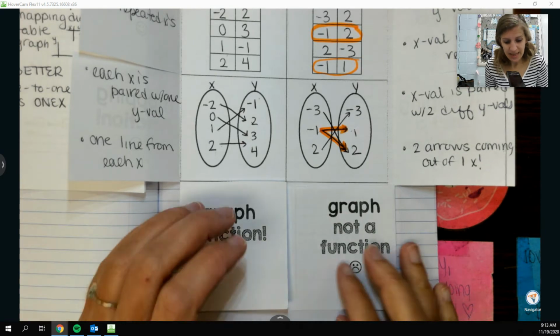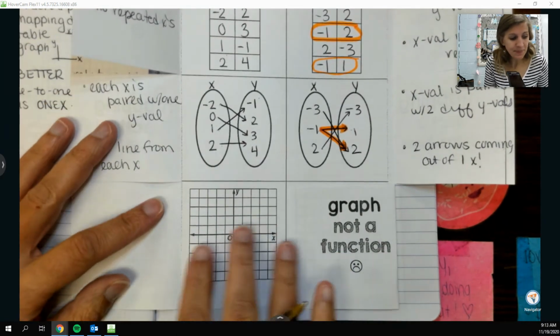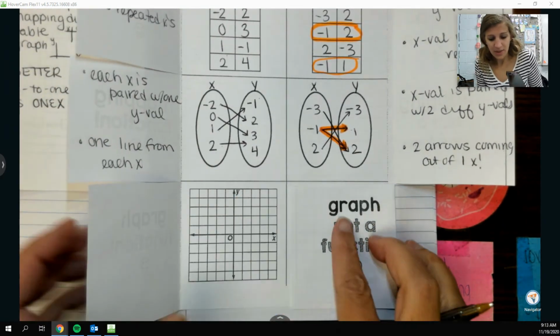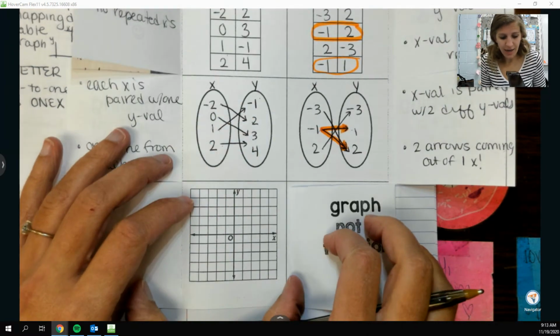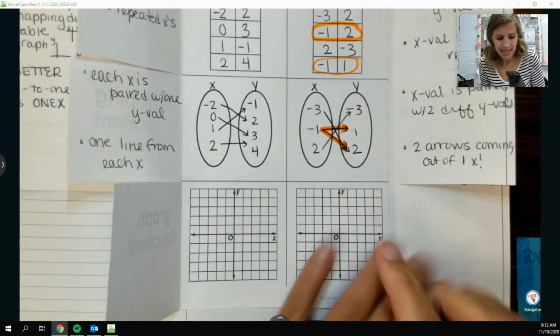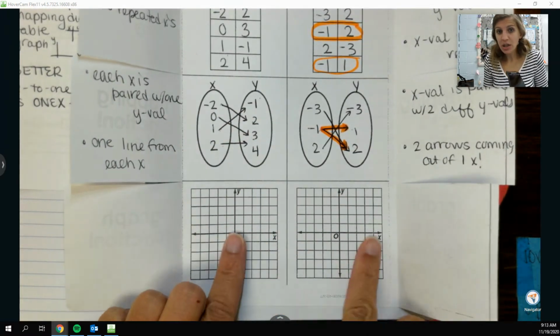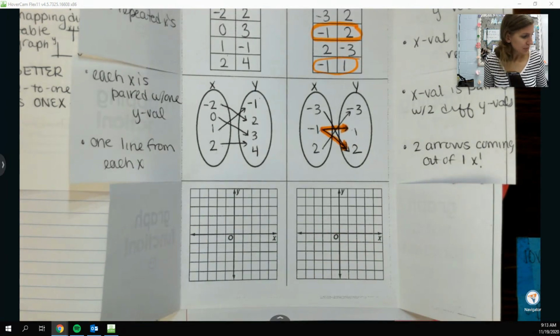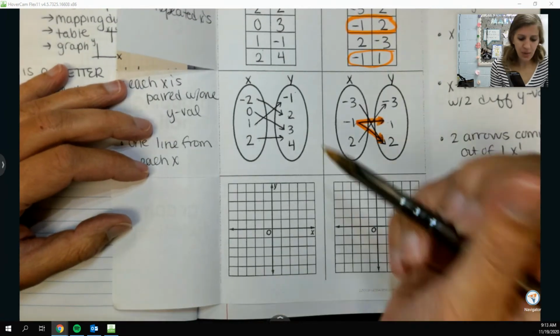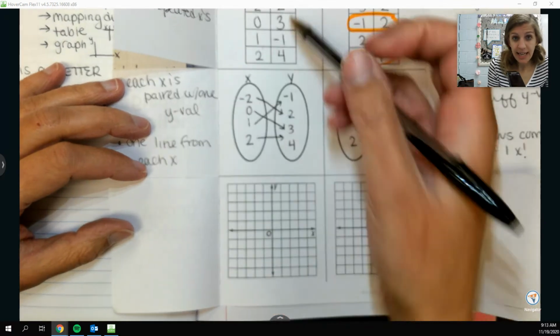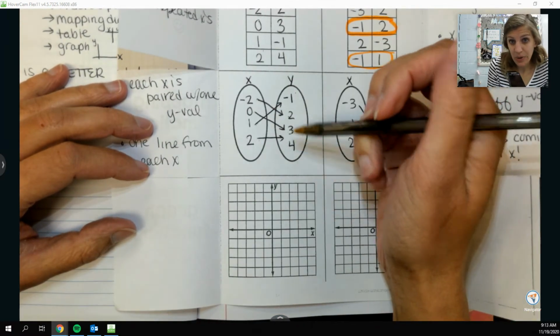Alrighty, so the last way that we can represent this is with a graph. So on a graph, we have our x and y axis. X is horizontal, y is vertical. Okay, so we're just going to plot each of these points, and I can tell from any one of these things who goes with who.